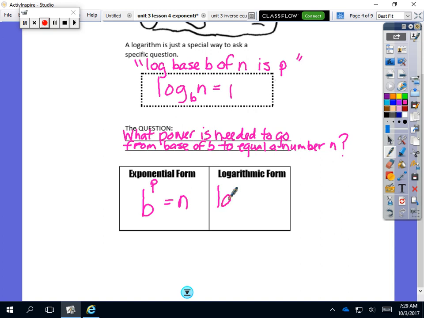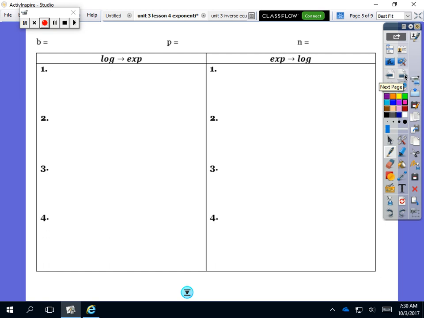And now log base b of some number n is equal to that power. So if the base is b and we need it to equal this number n, what does that power have to be? That's what a logarithm means. So first of all, b means base, p stands for a power, and n stands for some number.